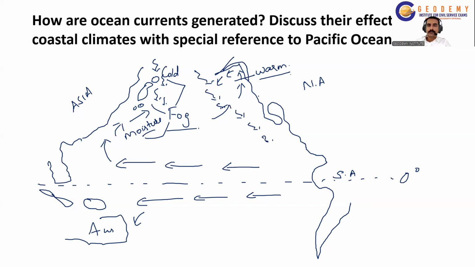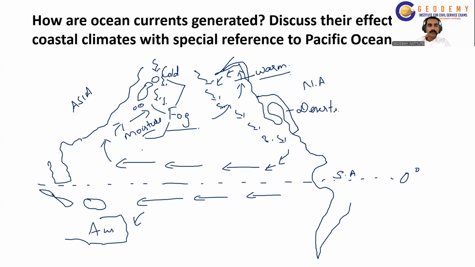So this coastal region will become dry due to this current. And the Sonoran Desert and Mojave Desert are located in these regions only. So due to the extension of the cold current, the coastal climate becomes dry over this region. And then it merges with the equatorial current and the circulation is formed.